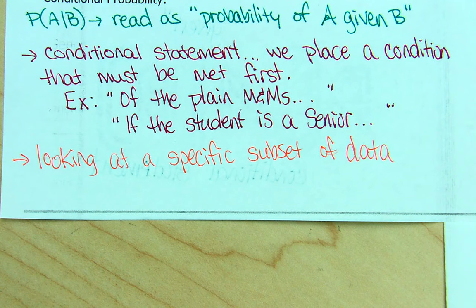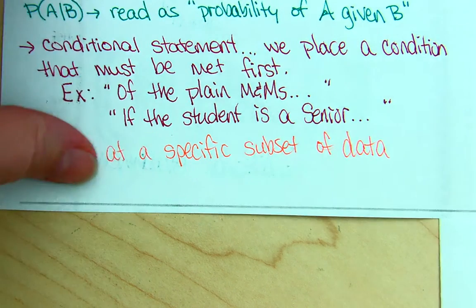So those will tell us how to recognize we're doing a conditional probability. To actually carry it out, we're going to have our conditional rule. This is our formula for defining a conditional probability.